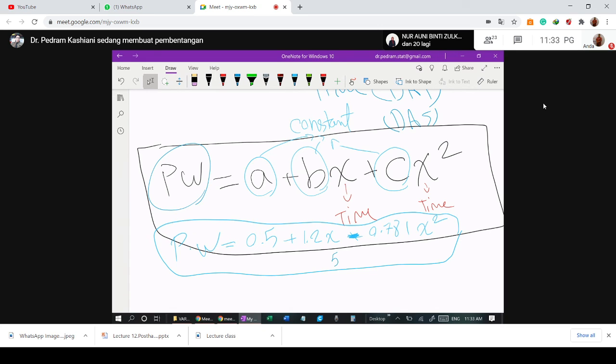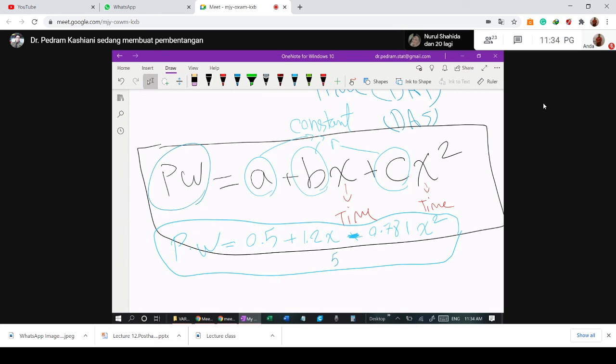In multiple regression, I have more than one independent variable. For example, I have time and day temperature. So I estimate plant weight using time and temperature. So temperature also is independent. So that is multiple. Why?